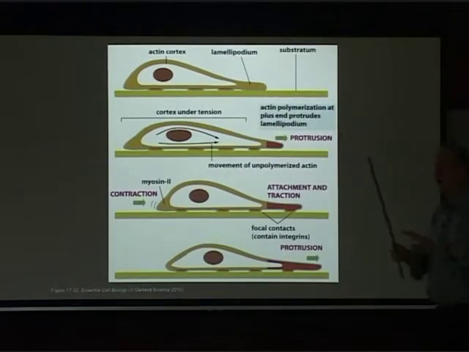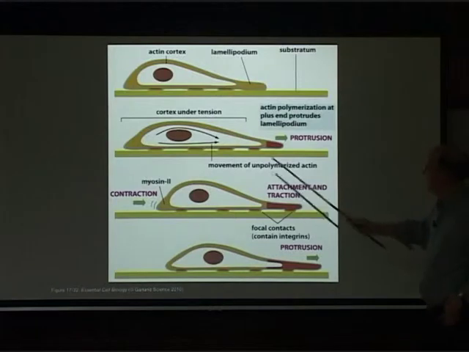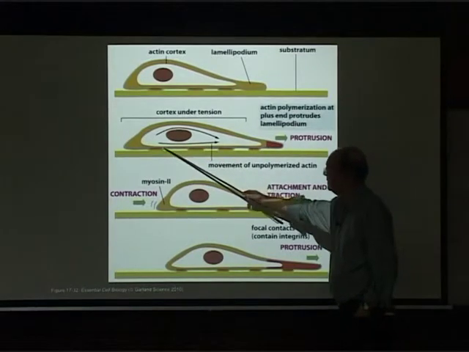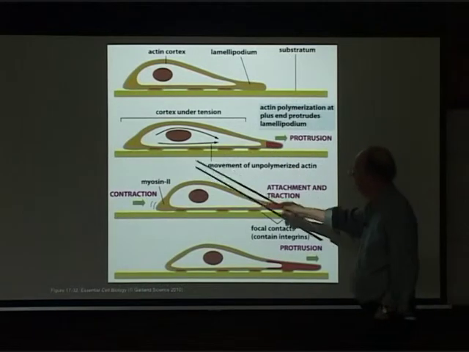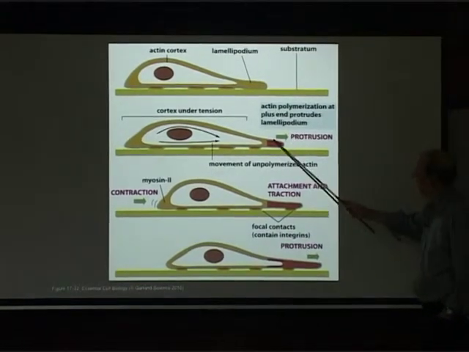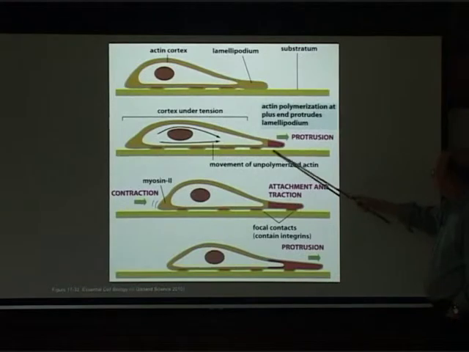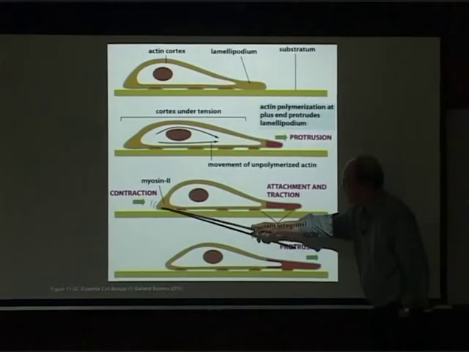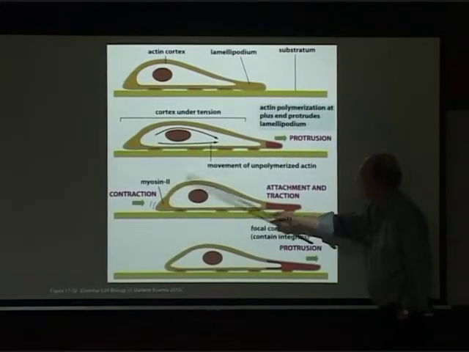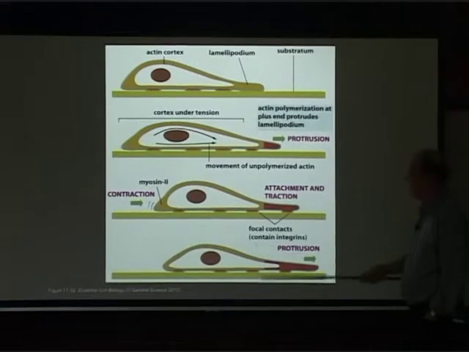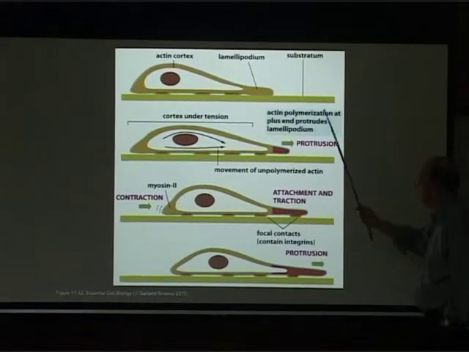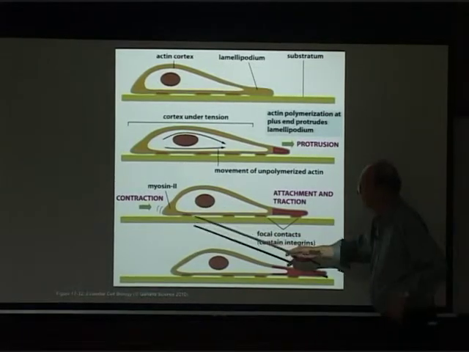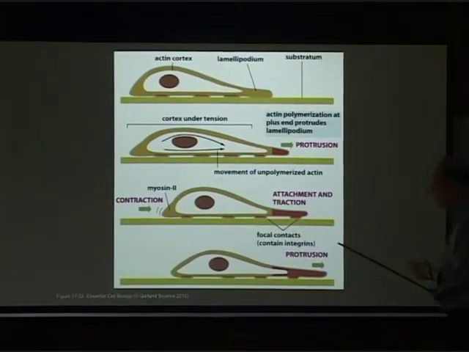And they figured out how to trundle along by making and breaking contacts here and by trundling actin back to the tip and recycling it to the back. And each step, the protrusion comes, they adhere. There's a contraction at the base where myosin II is, and I'll show you some pictures of Dicty too, movies of them where you can see the myosin II and you can see the actin. And this is the back, and there's a contraction and keeps pushing it forward.